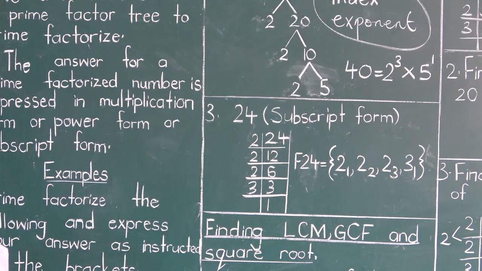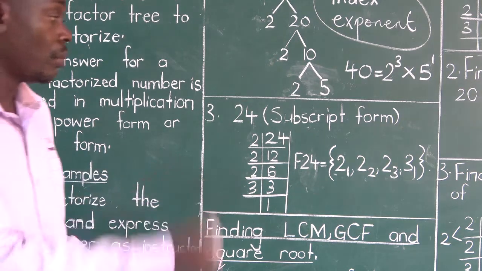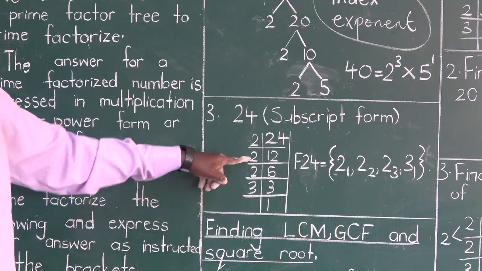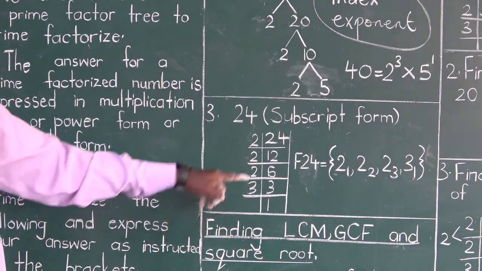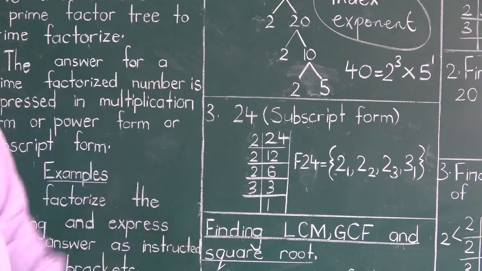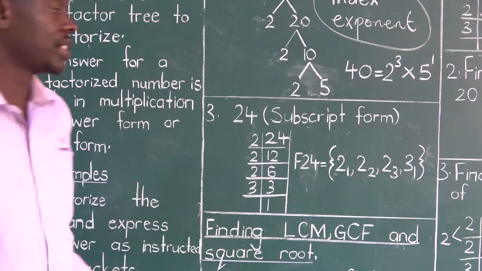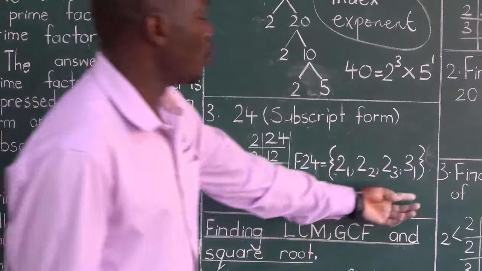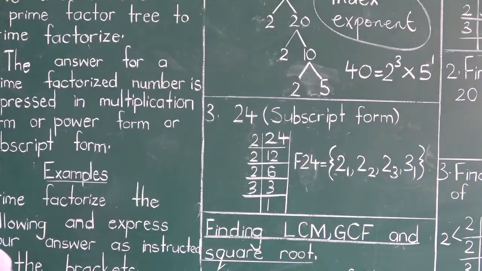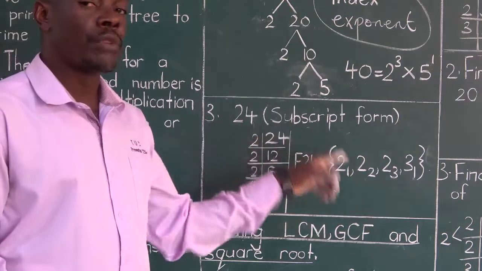But never say 2 the first; they are read as 2 subscript 1. So 2 subscript 1, 2 subscript 2, 2 subscript 3, then 3 subscript 1. And close the curly brackets. This was called answering in set notation form, also called subscript form.